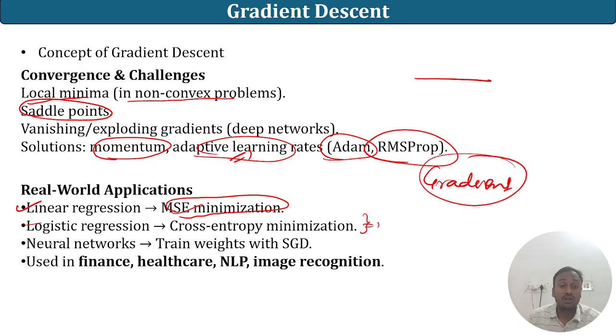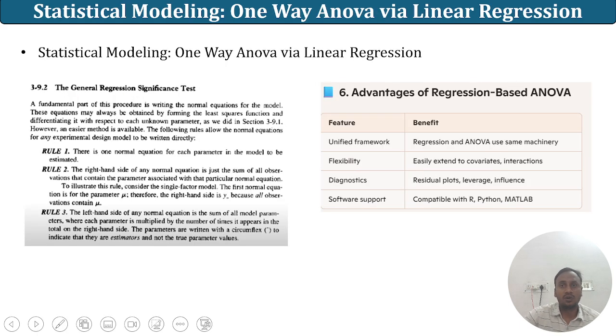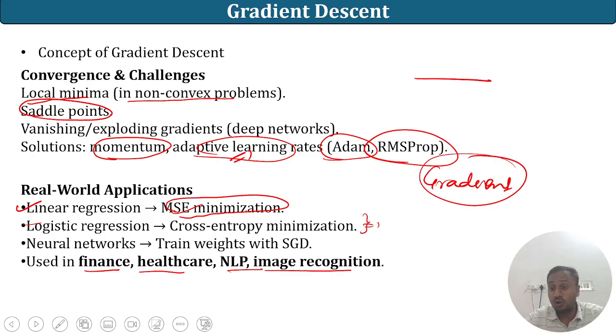For neural networks, we train weights with SGD. Then we can use it for finance, healthcare, NLP, and image recognition. So I think these two optimization parameters are clear, is it?